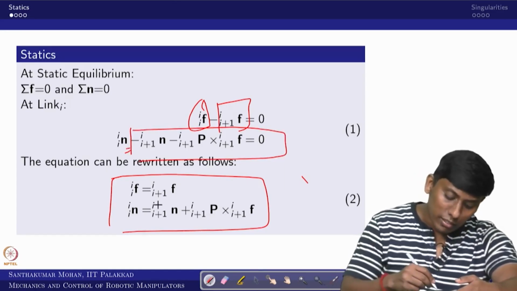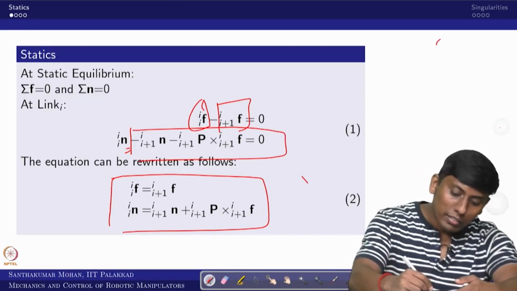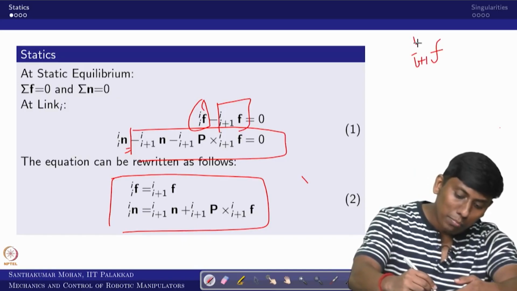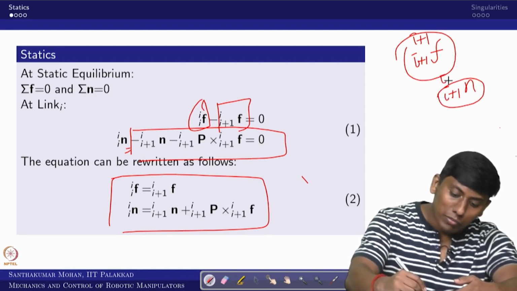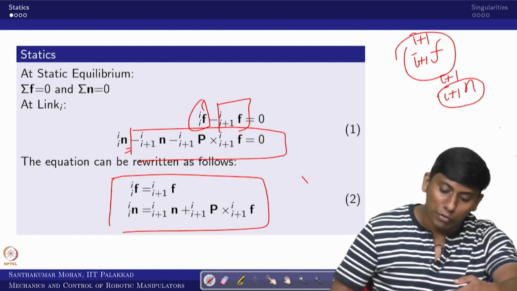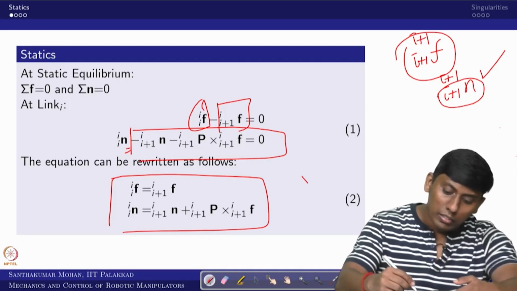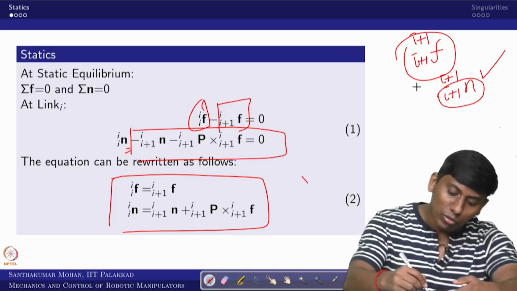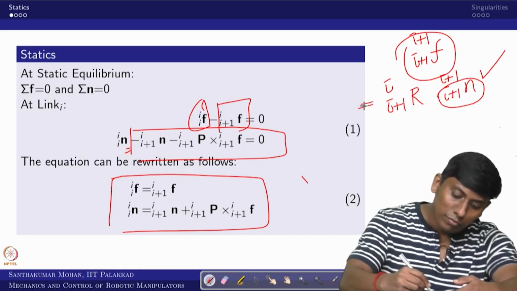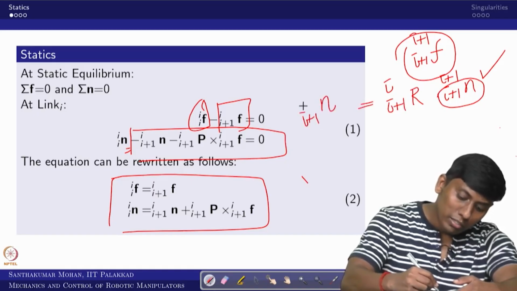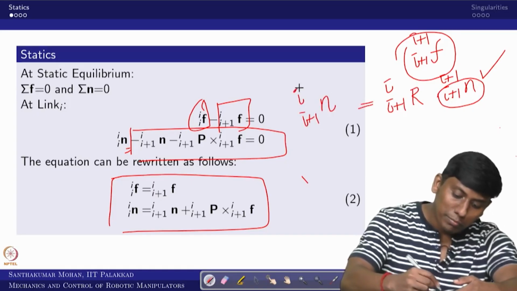So these are the two equations. As I said, the I plus 1 to I plus 1 force, and similarly the angular moment with respect to the I plus 1 frame, is available. So I can multiply that with this matrix, and this will give the I plus 1th angular moment with respect to the ith frame.